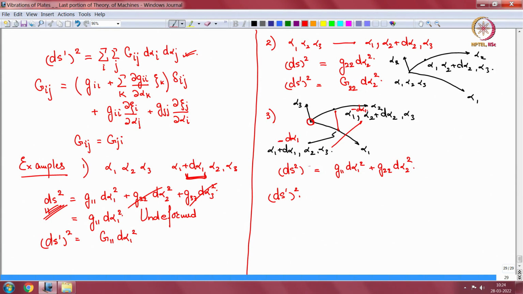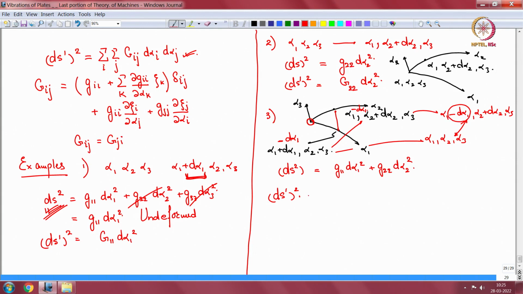This point becomes alpha 1, alpha 2, alpha 3, and this point becomes alpha 1 minus d alpha 1, alpha 2 plus d alpha 2, and alpha 3. So we want the deformed distance now between these 2 points. You can see one of the differential changes is negative.